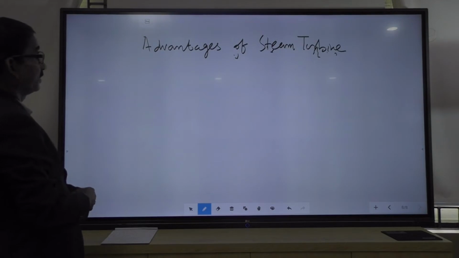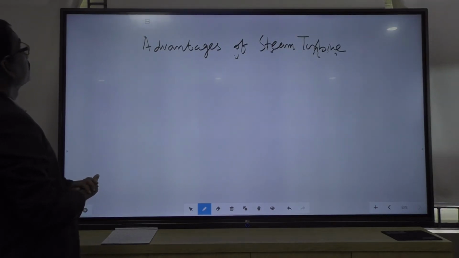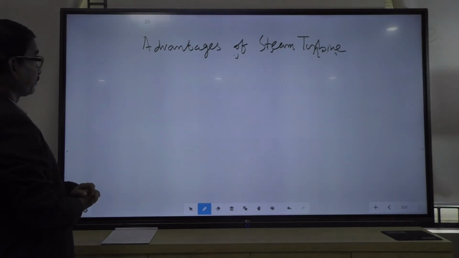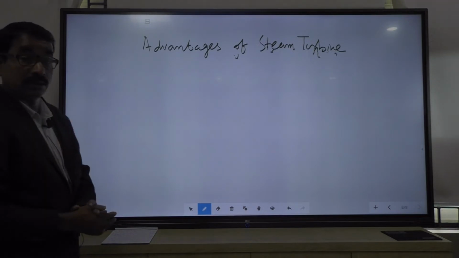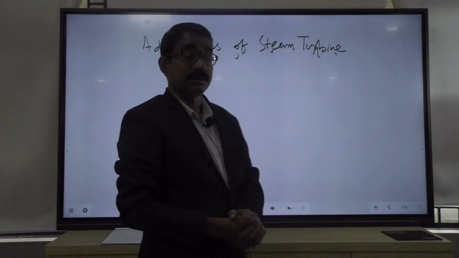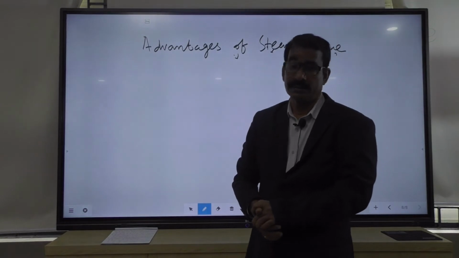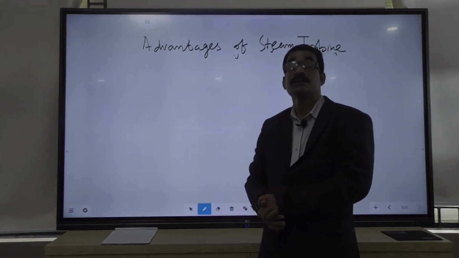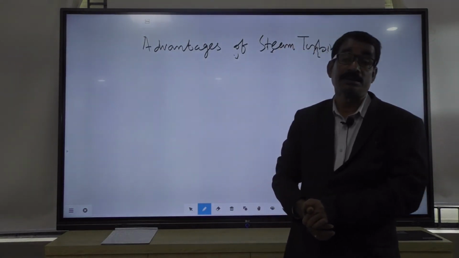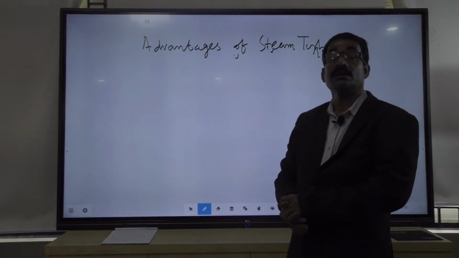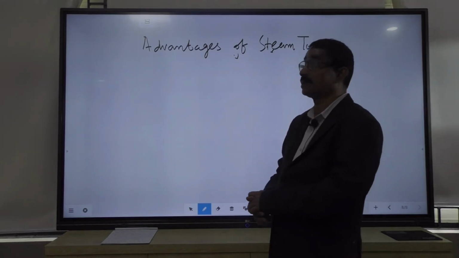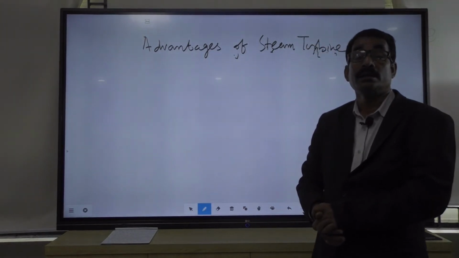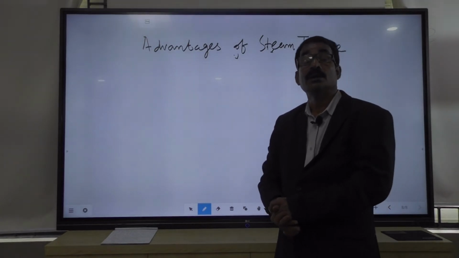You know, a steam turbine is a rotary machine, not reciprocating like your steam engine. Steam engine and steam turbine both work on the same Rankine cycle. They are both steam prime movers, but the difference is that the steam engine has a piston and cylinder like your diesel engine or petrol engine, but in the steam turbine there are no sliding parts.